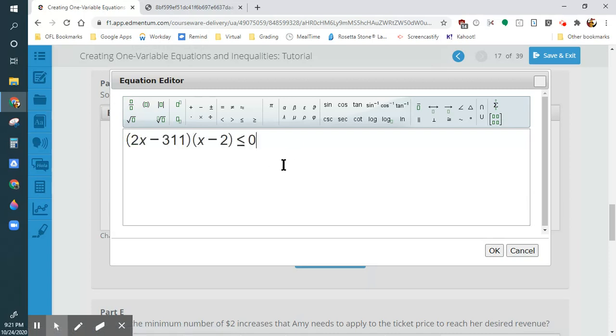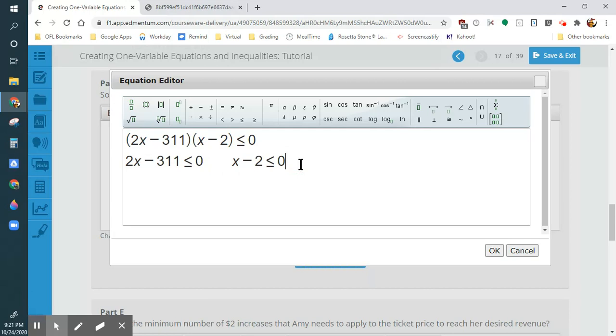So we end up getting 2x minus 311 is less than or equal to 0. And we also get x minus 2 less than or equal to 0.